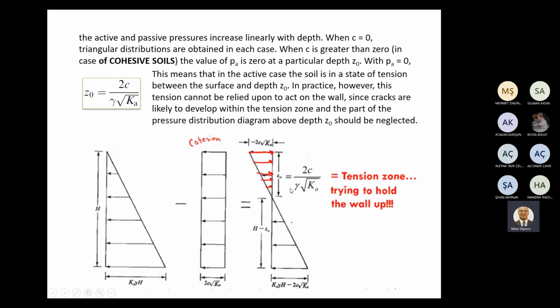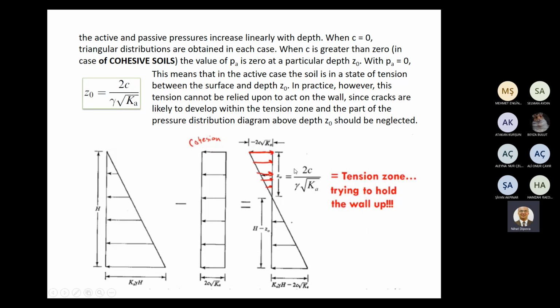So this tension cannot be relied upon to act on the wall, since cracks are likely to develop within the tension zone, and the part of the pressure distribution diagram above Z0 here should be neglected.